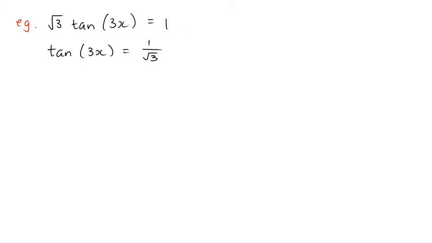What do we do about the 3? Good question. Instead of x equals, like in our formula, we're just going to write 3x equals, because our formula is tan x equals a. So x equals 3x and a equals 1 on root 3.